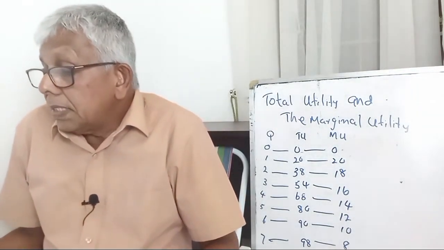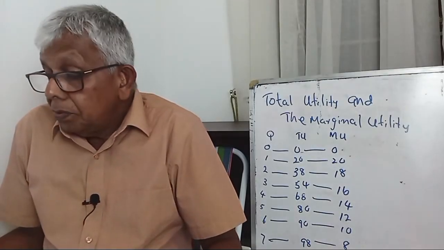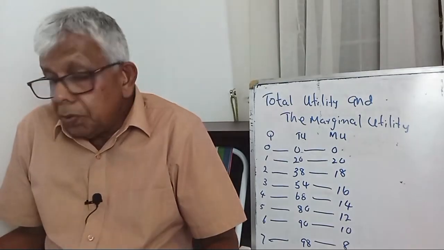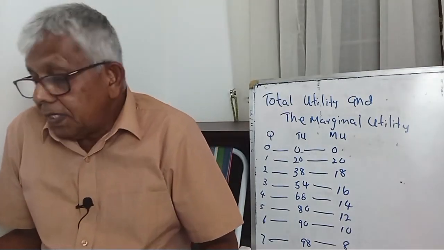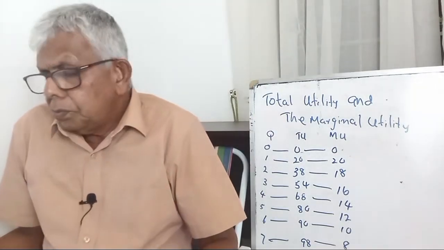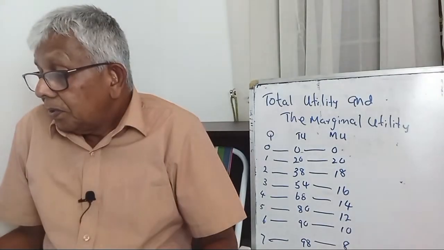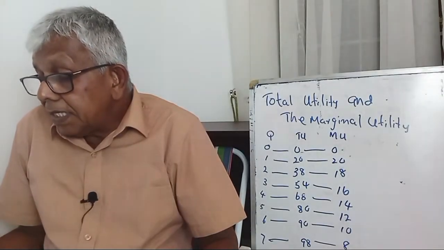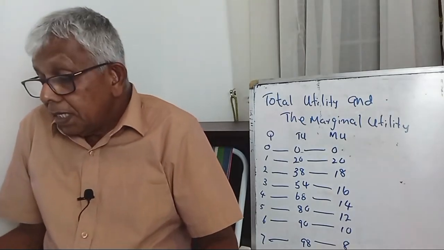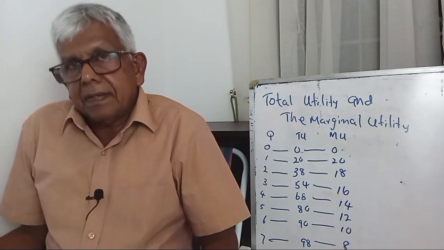As long as the marginal utility MU is positive, total utility TU is increasing; where MU is 0, TU is at its maximum; and when MU is negative, TU is decreasing.